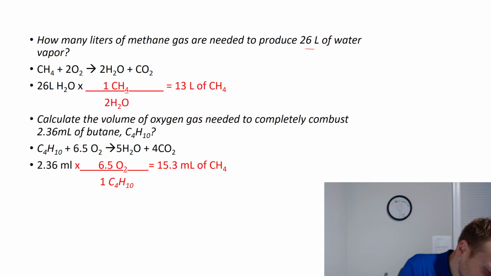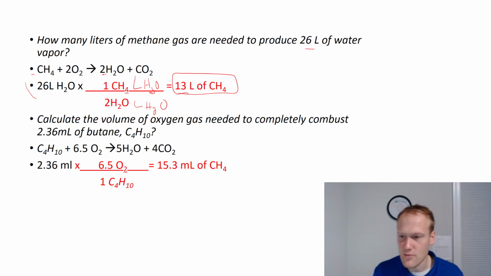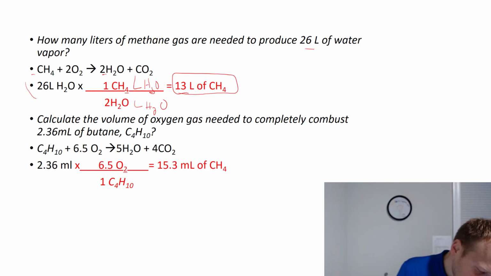So if I have 26 liters of H2O, I'd go from liters of H2O straight to liters of methane in a 2-to-1 ratio because those are the coefficients. And I could just divide by 2 and know that I'm going to need 13 liters of methane to produce 26 liters of H2O. Here's another one down here.